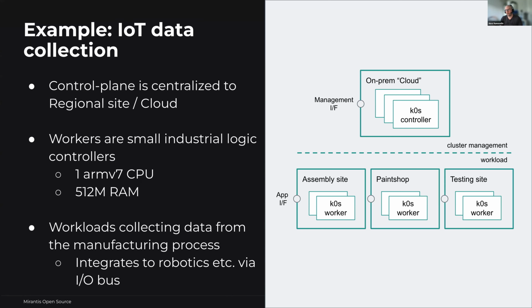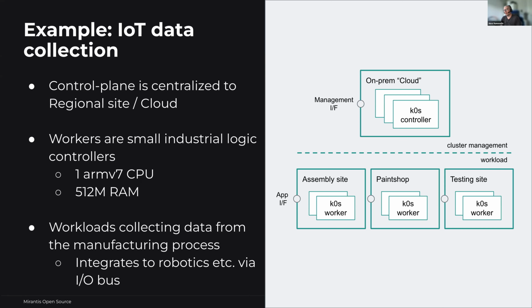And the workers were actually super small industrial logic controllers that are running one tiny ARM v7 CPU and half a gig of RAM available for the whole set of OS and Kubernetes components and everything.